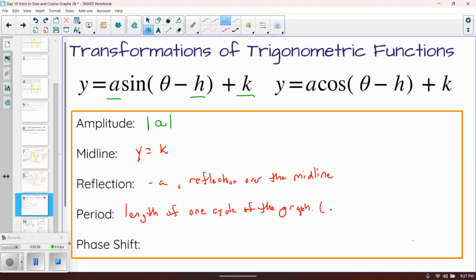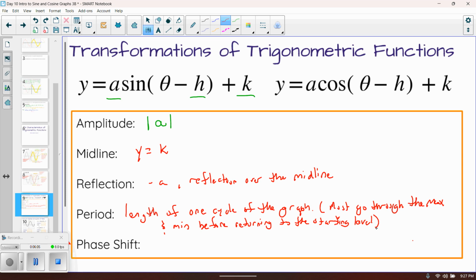And I'm going to add: must go through the max and min before returning to the starting level. It's got to go through its max and min before returning to the starting level.